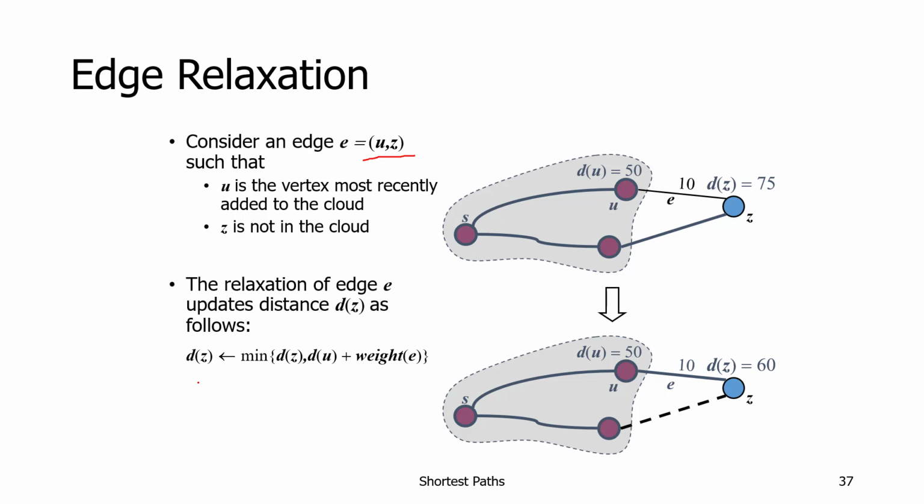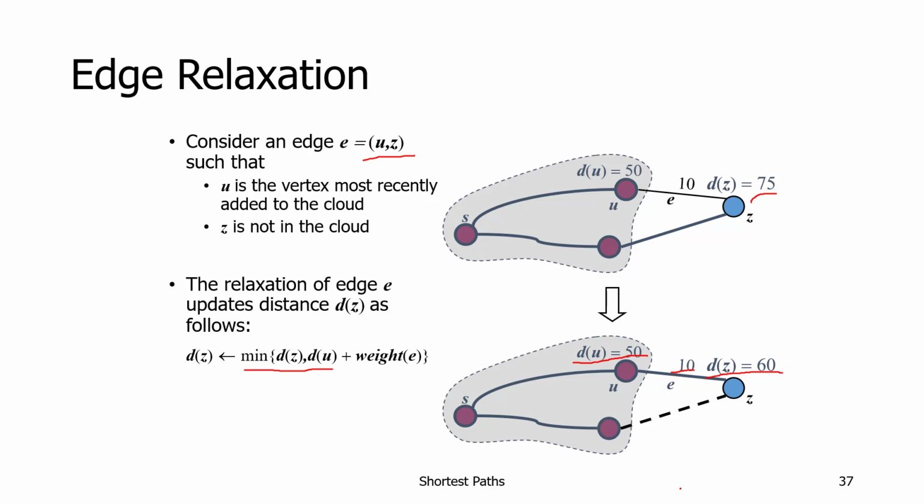updates distance dz as the minimum of whatever was the initial distance dz that we had. Initially we might have it as infinity. In this case, initially it was taking me 75 units to reach z, and now once I consider this edge which goes from u to z, because I can reach u in 50 units, and then I have this edge e which adds 10, finally I can reach z at 60.